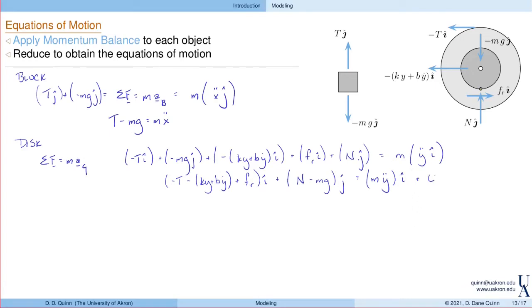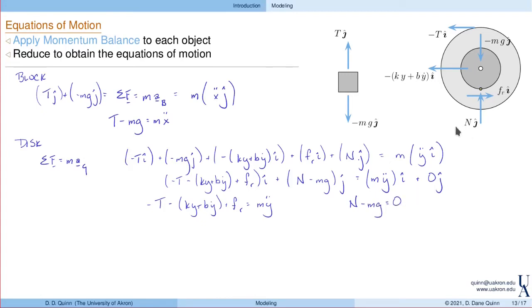In fact, the J component here is 0. So taking the component in the I direction, we see that minus T minus k y minus b y dot plus the friction force is equal to m y double dot. And then taking the component in the J direction, N minus mg is equal to 0.